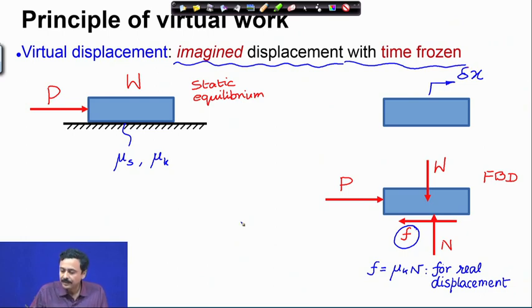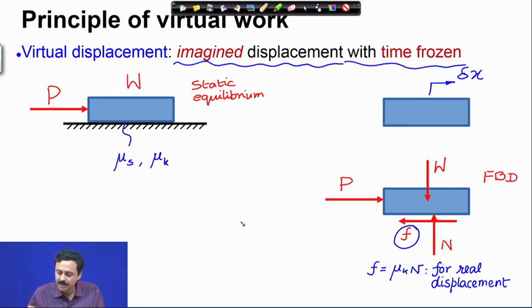If there are time varying forces, then the force values will be frozen at the instant of time we are trying to find the equilibrating force relation. That is the significance of time being frozen.